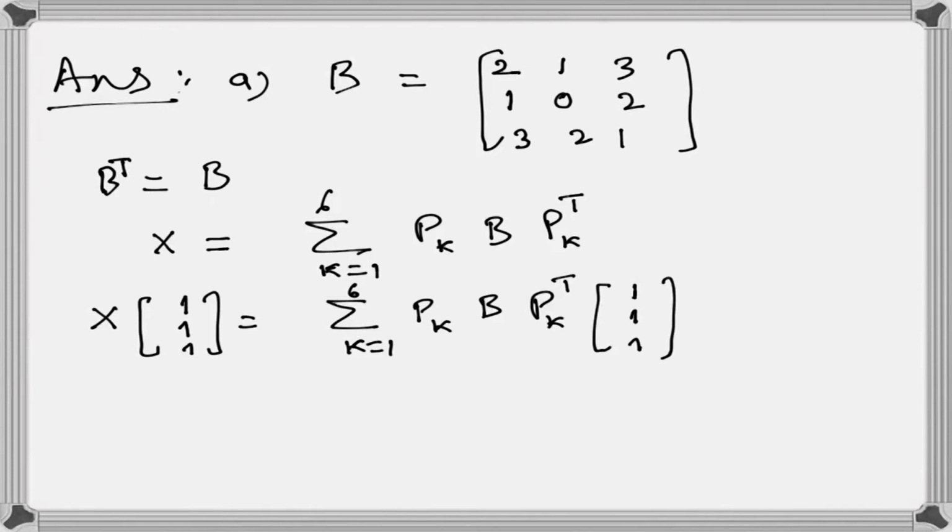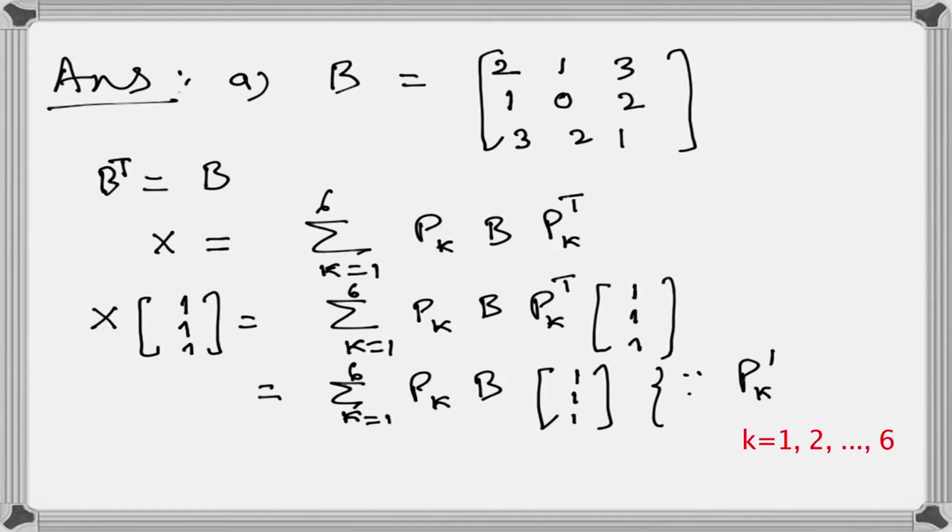So what is PK transpose (1 1 1)? If you look at all these P1 transpose, P2 transpose up to P6 transpose, in each row there is exactly one 1 and two zeros. So PK transpose (1 1 1) is nothing but (1 1 1), and we get the sum of PK B (1 1 1).